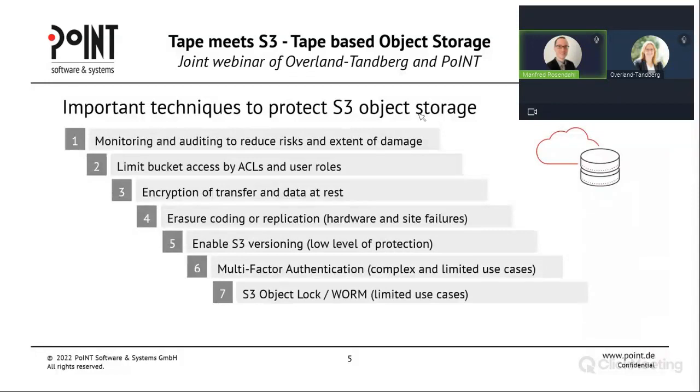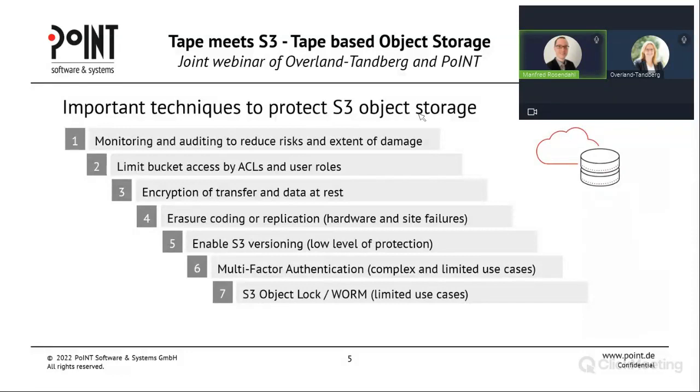Then S3 object lock is also an excellent protection. It works with a retention period. That means during the retention period, you cannot delete the data. This is, for example, great for archiving, but when a core application uses object storage as a primary storage, it is very difficult to define a retention period.